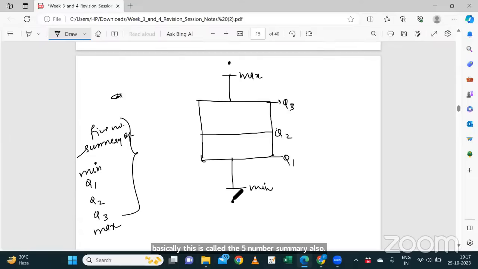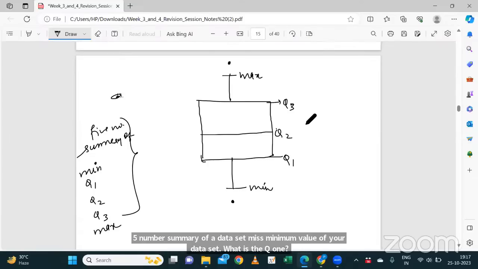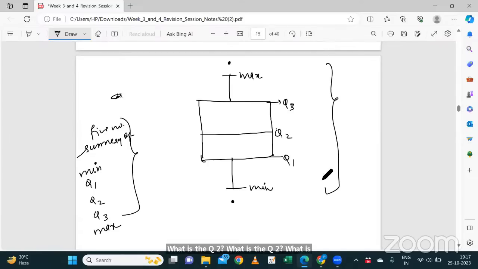Clear? Can you please explain it again? Okay, so this is the representation of your box plot. The box plot is nothing but a representation of the five number summary.